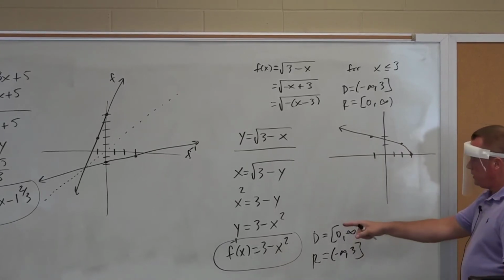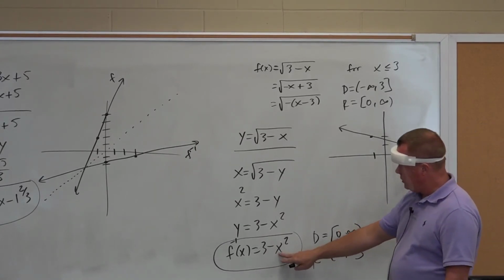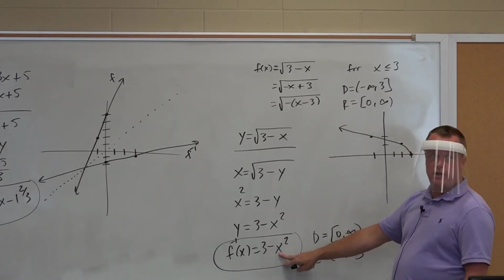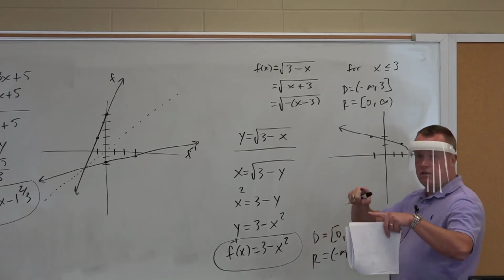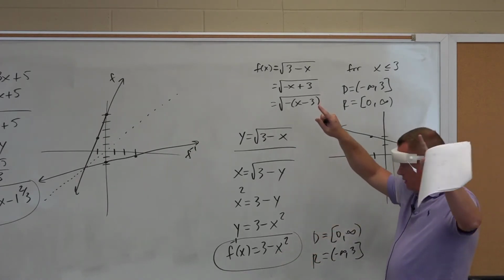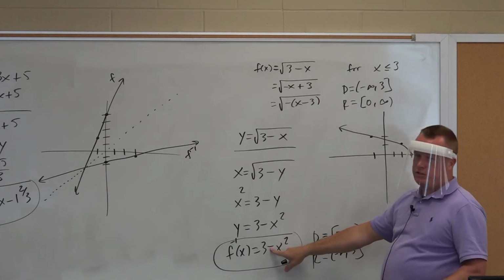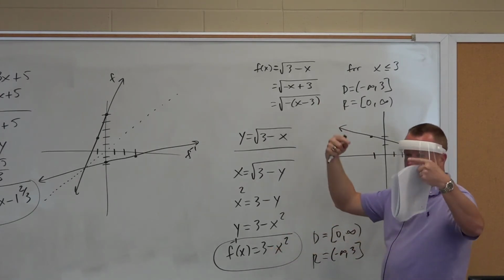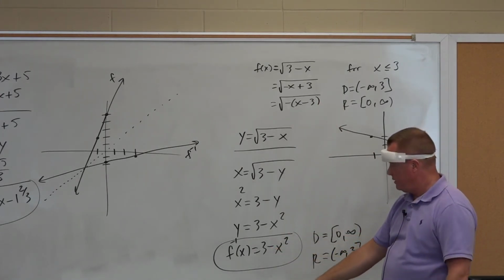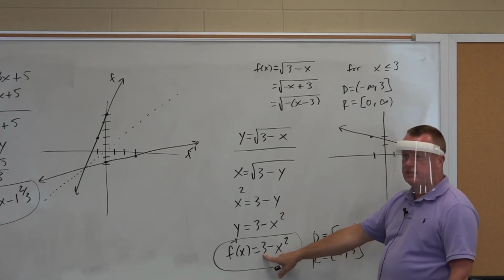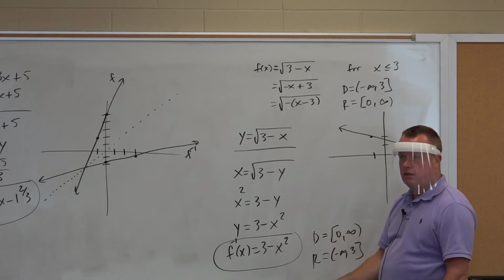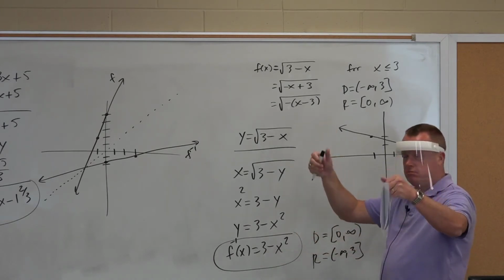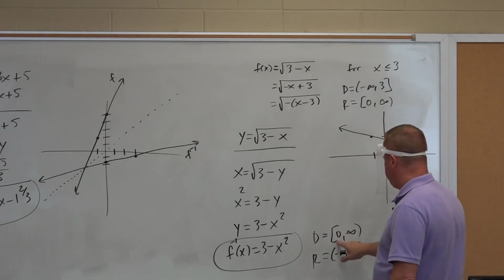Okay, so what does that look like? Okay, you've got x squared. What's the shape of x squared graph? Parabola, right? It's negative in front of x squared, so it's reflected across the x-axis. The 3 is just like a positive 3 added to it, which would do what to it? Up 3. Okay? So, but only from 0 to infinity.